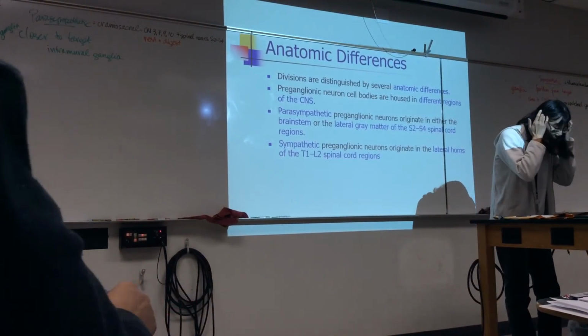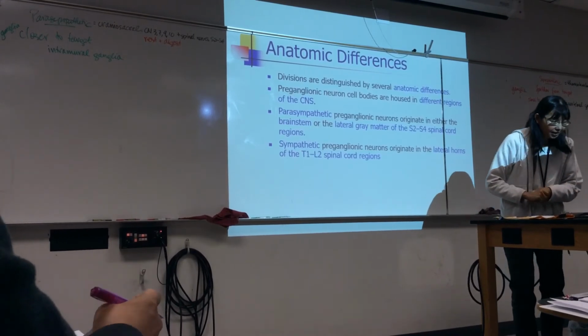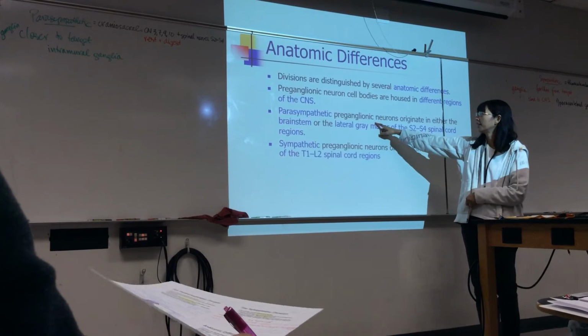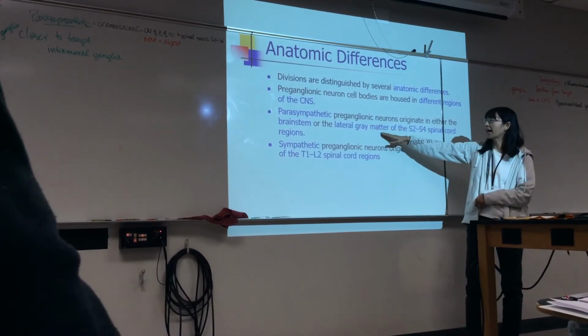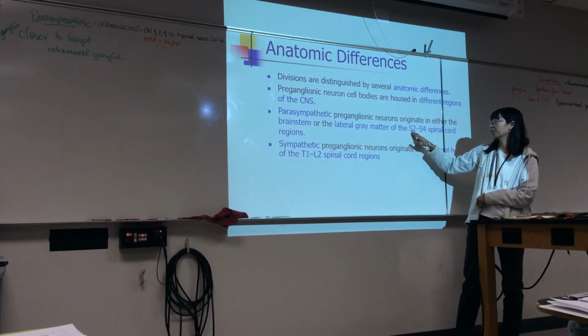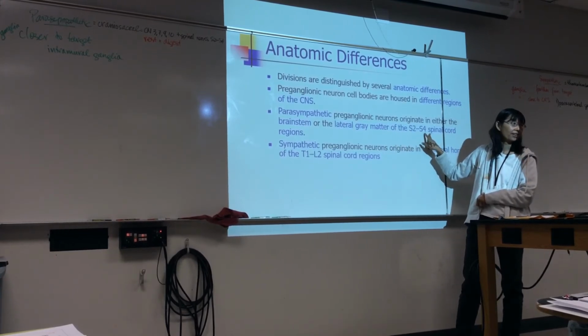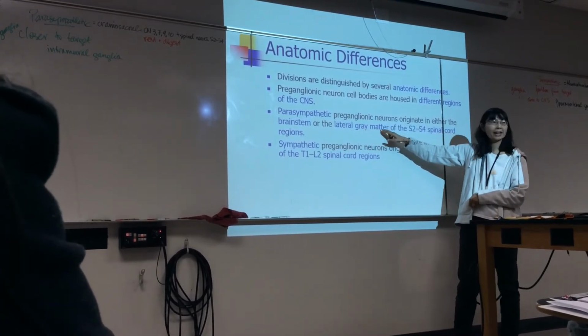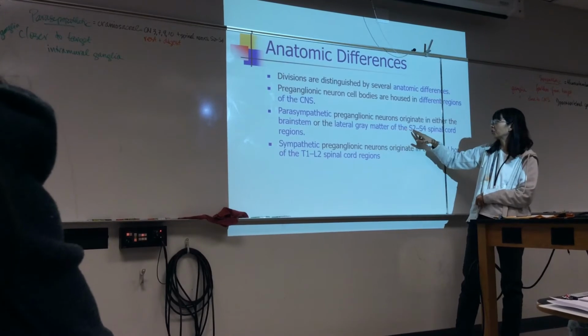Okay, so the parasympathetic: we have lateral gray matter for the cell body at S2 to S4. Remember the spinal cord's lateral gray matter at S2 to S4?